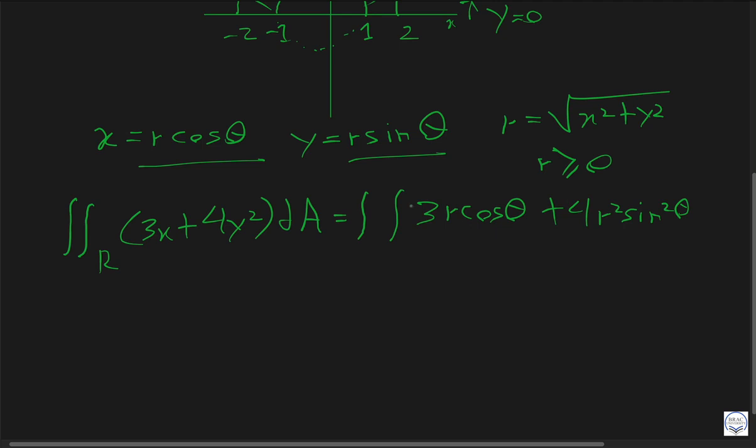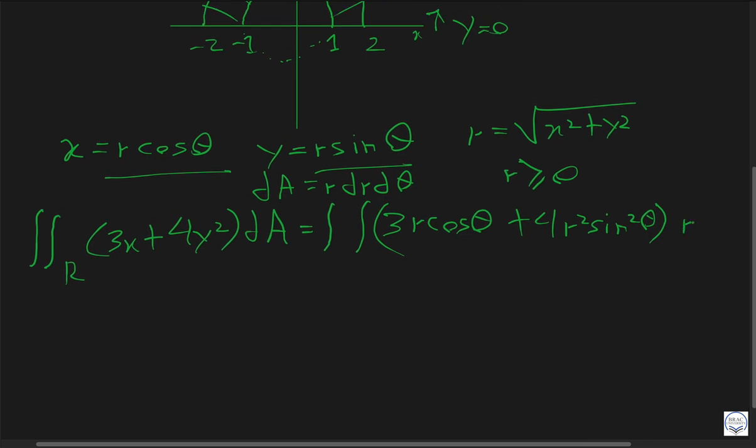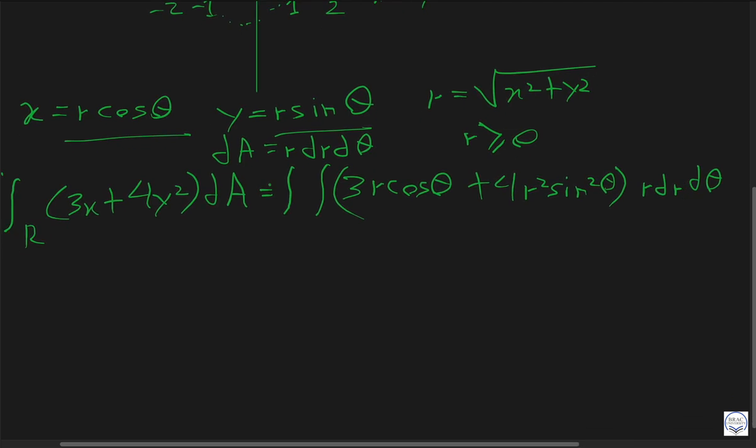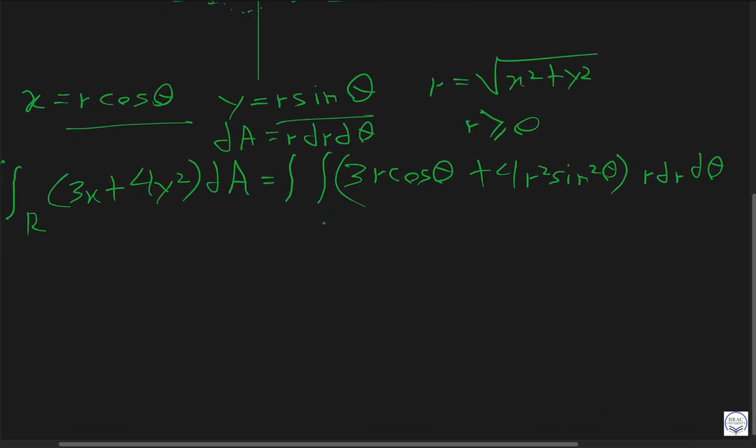The area element in polar coordinates is dA equals r dr d theta, so we'll put that. We've got r dr d theta. Great. So now we also need the limits.